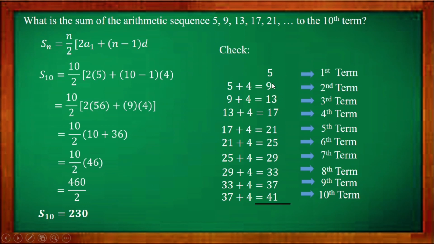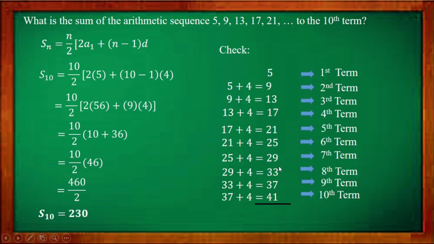So 5 plus 9 is 14. Then 14 plus 13 is 27. And 27 plus 17 is 44. Then 44 plus 21 is 65. 65 plus 25 is 90. 90 plus 29 is 119.